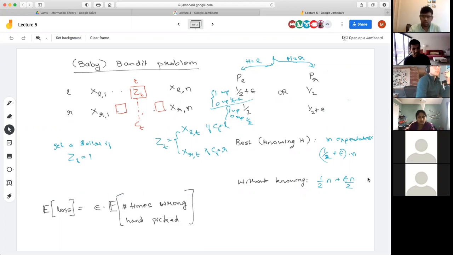I claim that the expected loss, and again, I'm cheating a little bit, is epsilon times the number of times that you picked the wrong hand. Why is this? Let's say the correct hand was the left one.